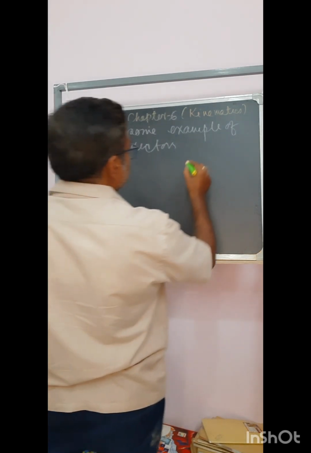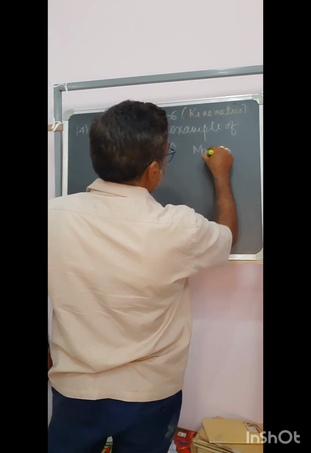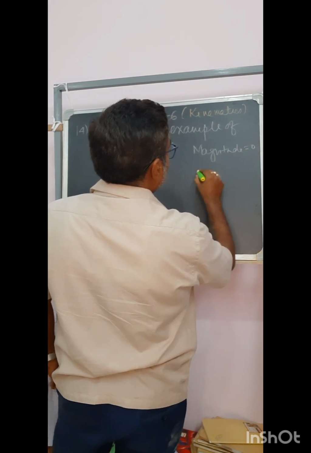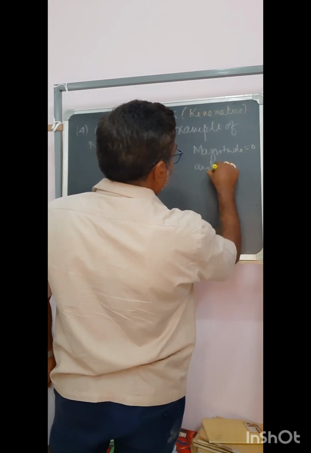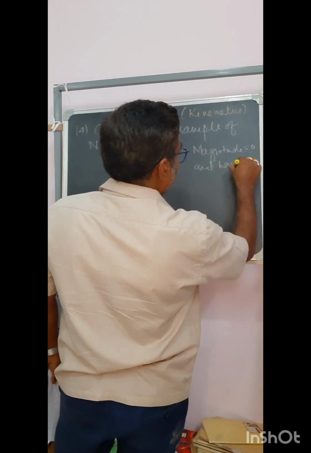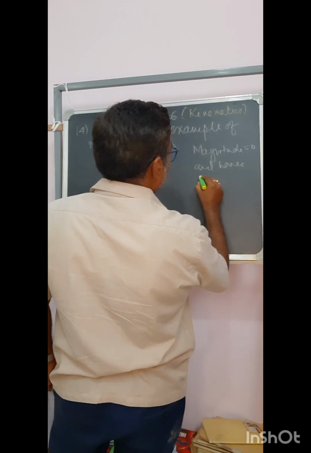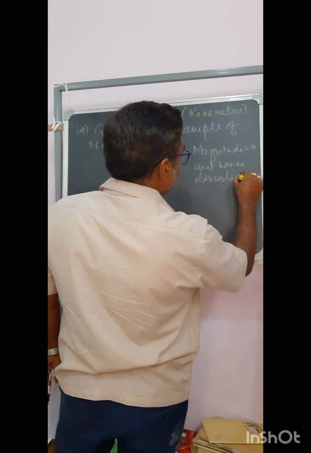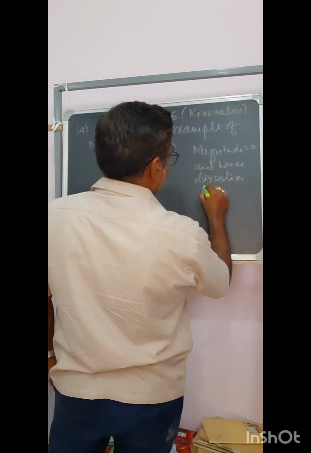Null vectors are those whose magnitude is 0 and have indefinite direction.